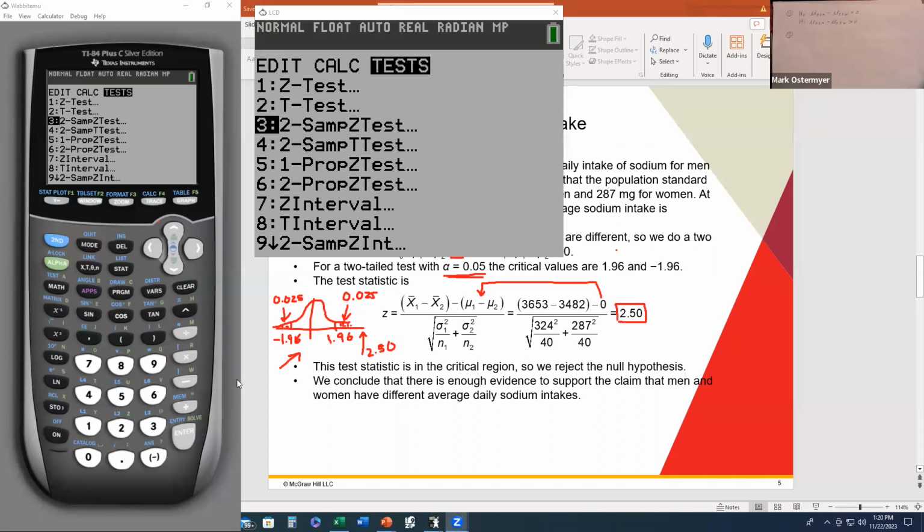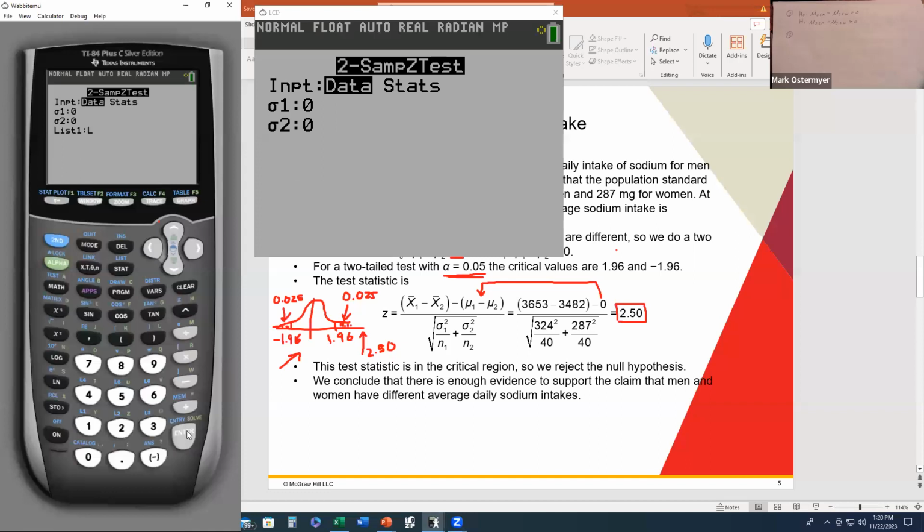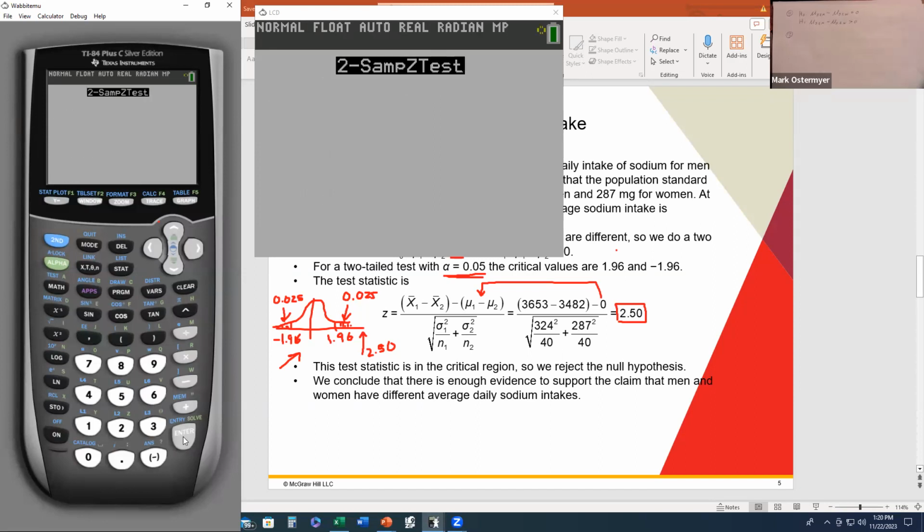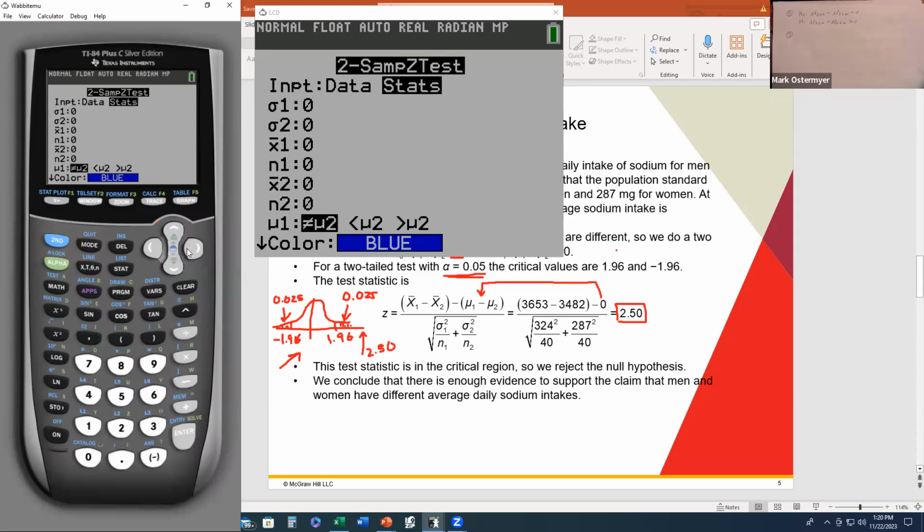Okay. So we will dive into the 2-sample Z-test. And we have our choice of whether we have raw data sets or stats computed for each sample. We do have stats computed, so select stats. And now we need to fill in these fields.